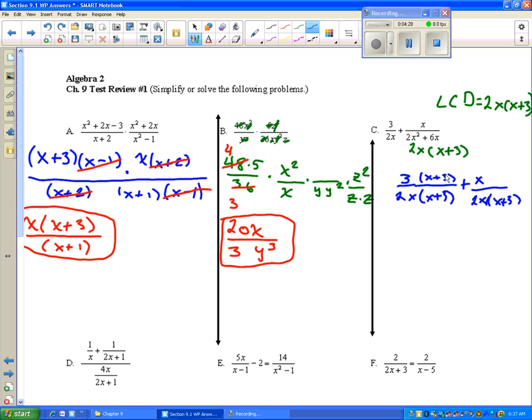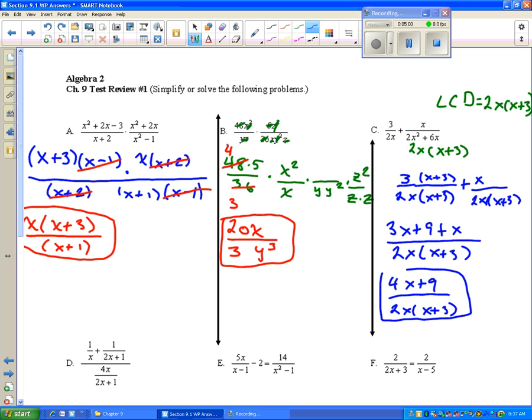I want to distribute this 3 in. And so my numerator is going to be 3x plus 9 plus x over 2x times x plus 3. Combine like terms. It's 4x plus 9 over 2x times x plus 3. Remember, this 4x is part of a term. This 2x is a factor. They cannot cancel. This should be my answer.